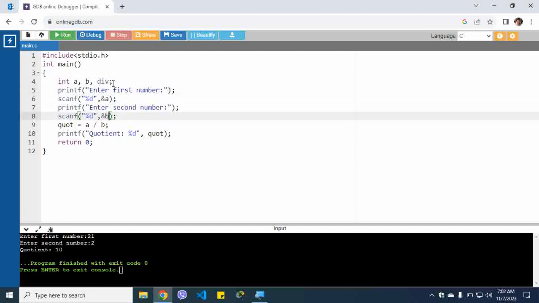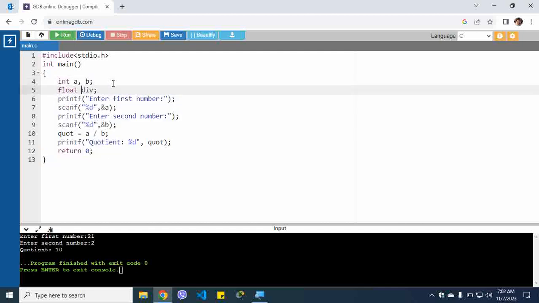So this should be div. Let's write division. Here you close that and make it float. Here you ask in integer, but the quotient is in float. Here is type conversion, isn't it? Here you have to write f. Then here we have to write a quote.